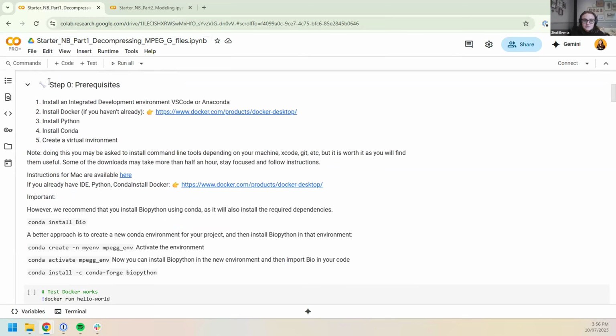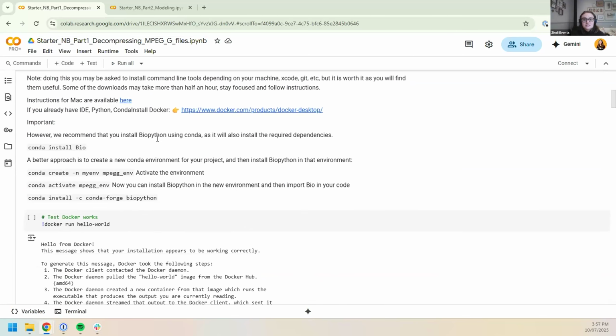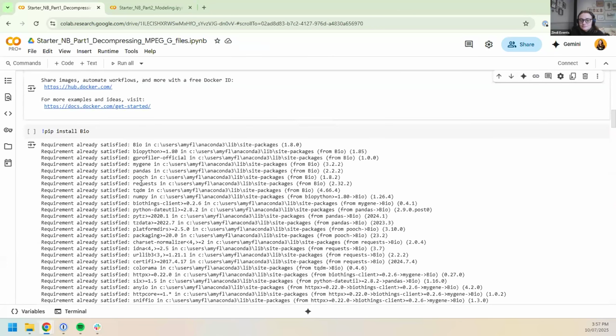So you will need to run this notebook specifically on your local machine, in your local Anaconda or Jupyter environment. So start one, make sure that you've got Docker, make sure that it runs. You can just do a quick hello world to ensure that it runs.